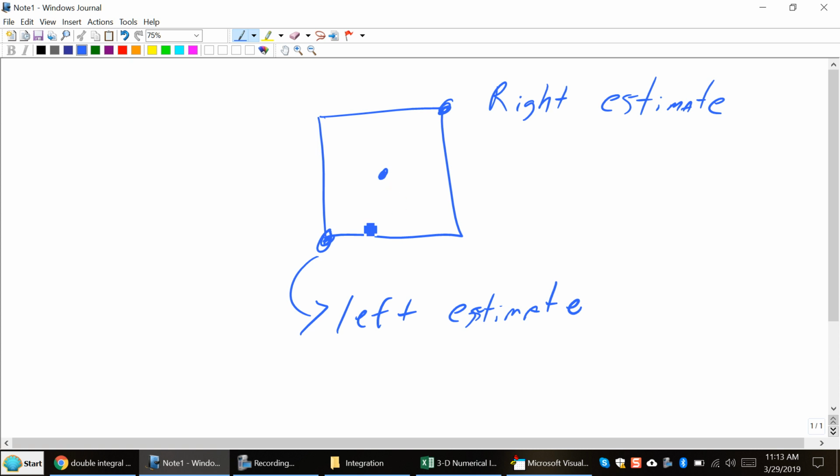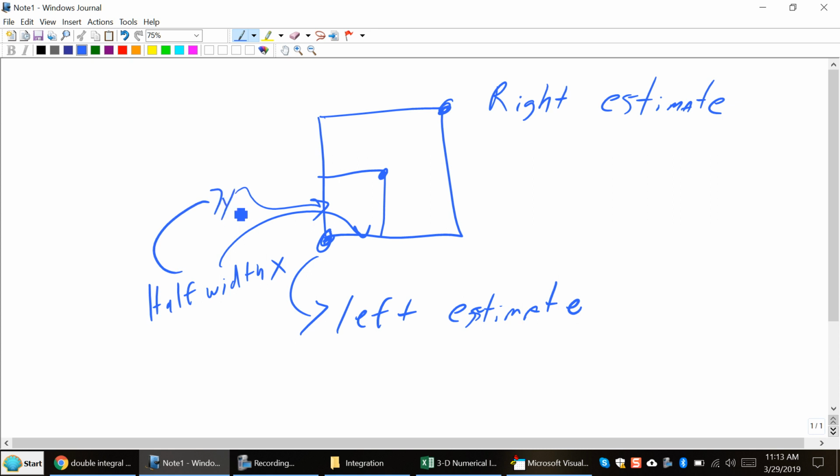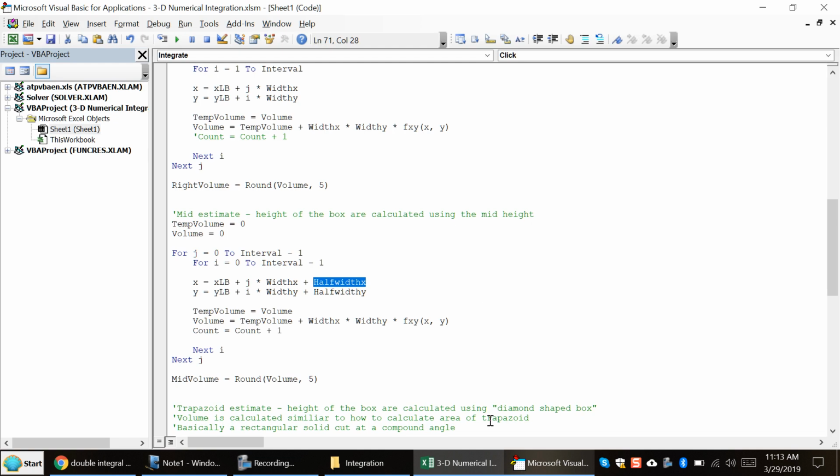So this is where I get this half width value, the one that I called half width x, and then this value right here is my half width y. Okay. So all I'm doing is just using my left estimate, and then I'm just adding the half width.